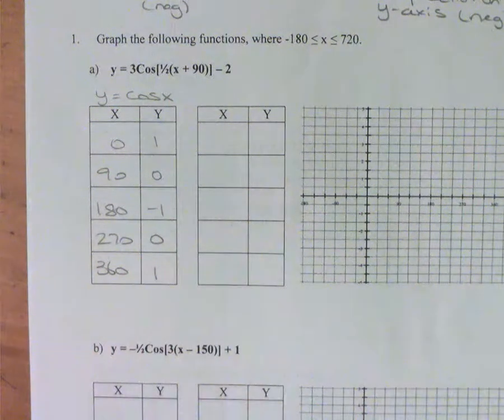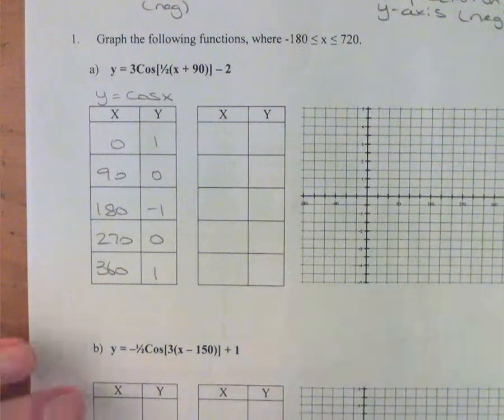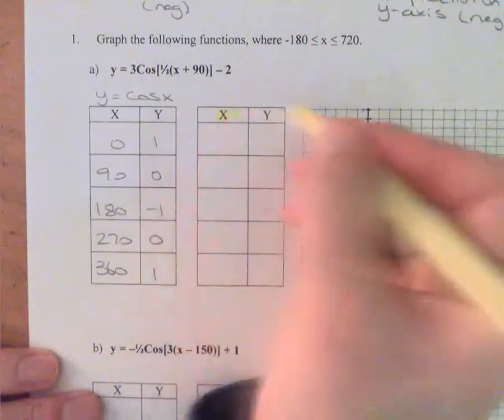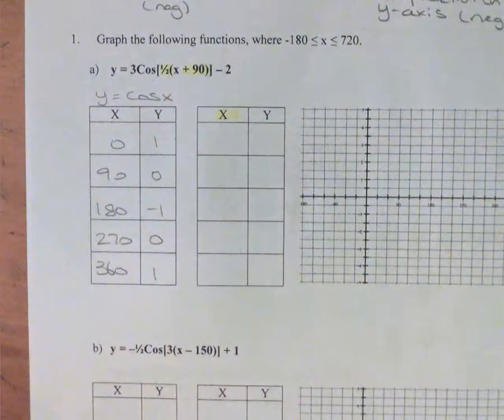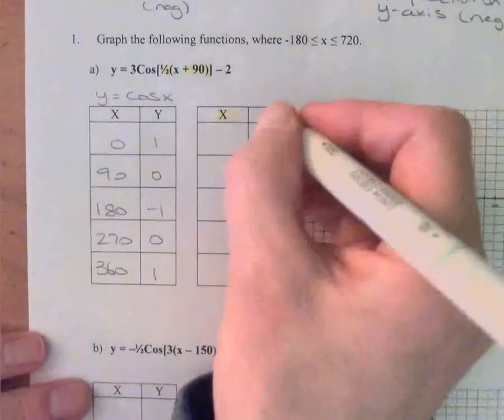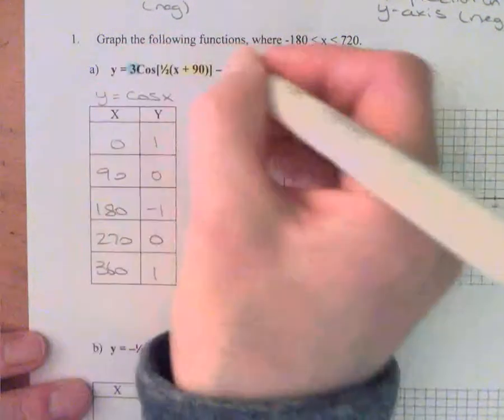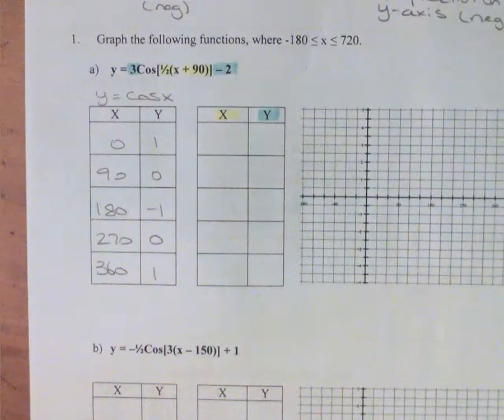You're going to have to learn the difference between the two. Now I want to look at my x and my y and what's happening to my transformations. My x is anything inside the bracket, and they lie. Y is anything outside the bracket, and it does what it's supposed to do.